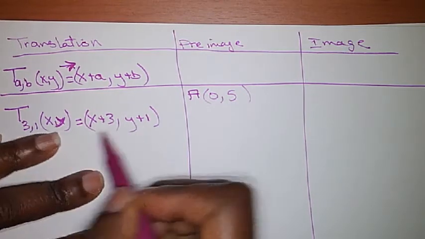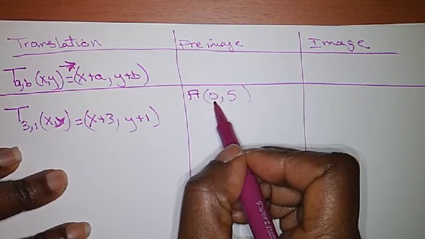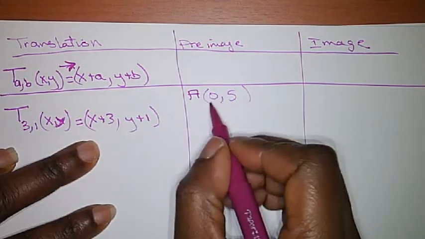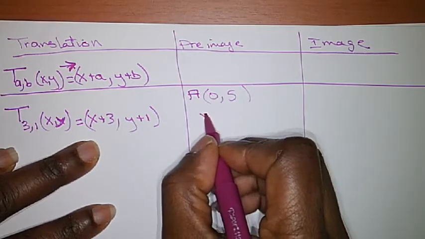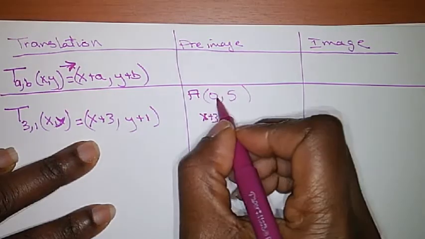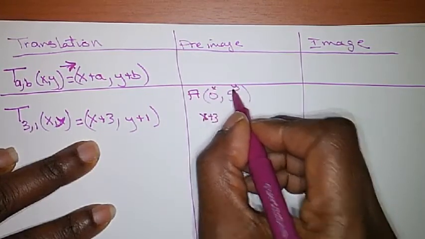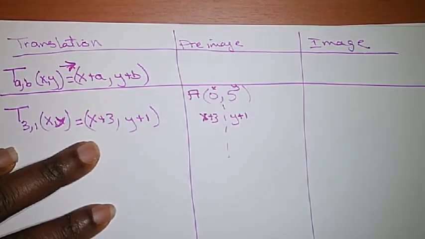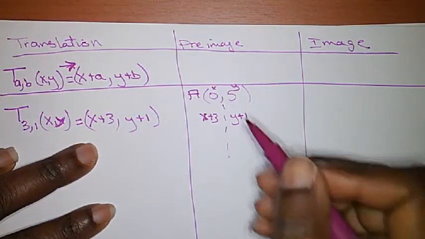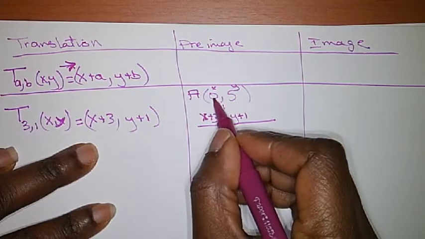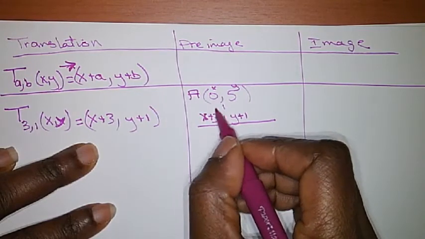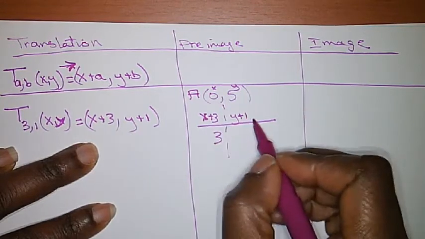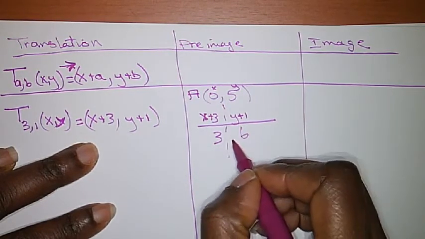So according to our calculation, our coordinate point 0, 5, let's do the shift onto our X. On the X, we have to add 3. Remember, this is my X and this is my Y. And my Y, I have to add 1. So 3 plus 0 is 3, and 5 plus 1 is 6.